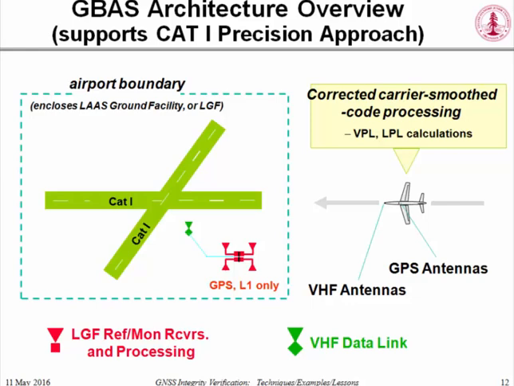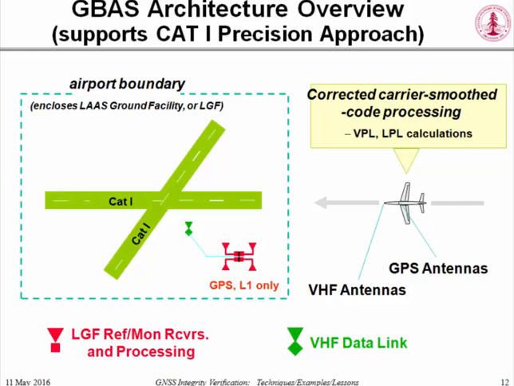So we estimate the errors, do our own monitoring using those integrity monitors, exclude faulted measurements, and send up corrections for the remaining measurements and those range domain error bounds using a VDB. This is a VDB that's in the VHF ILS localizer band.